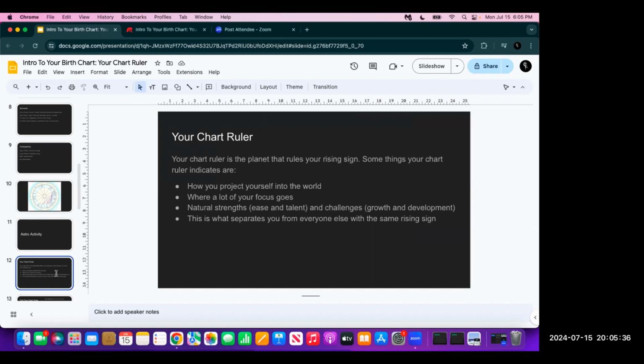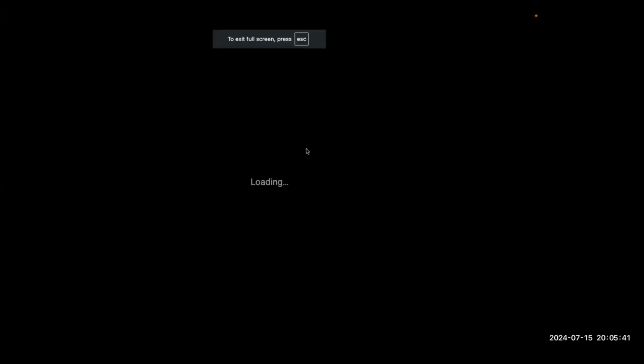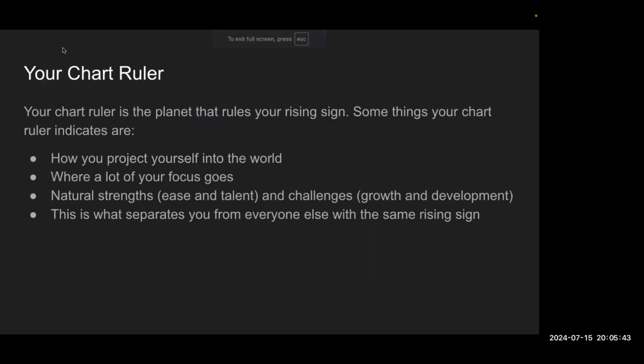So what we are going to do in terms of finding our chart ruler is first talk about what the chart ruler is. Your chart ruler is the planet that rules your rising sign. Some things your chart ruler can indicate is how you project yourself into the world.